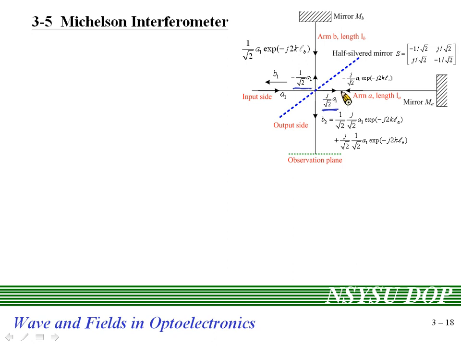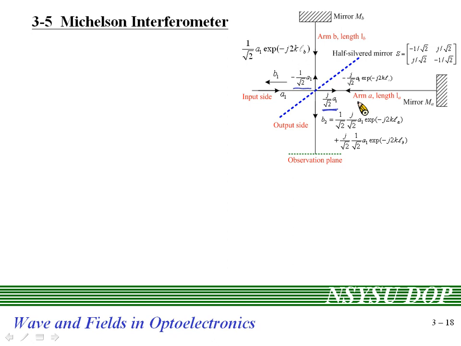As these two light beams go back and arrive at the half transmitted mirror, both of them will be separated into another two light beams in these two directions. Then we will have output B1 here and output B2 here.